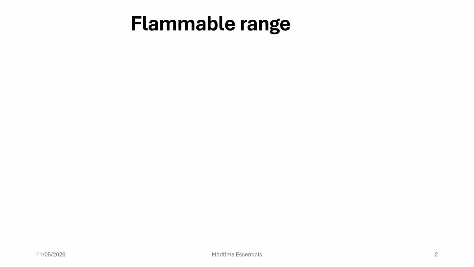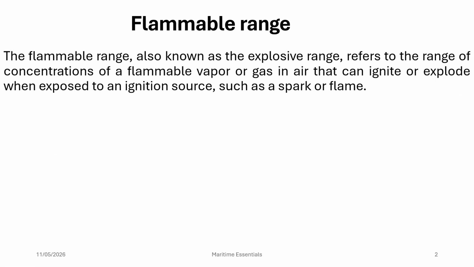What is the flammable range? The flammable range, also known as the explosive range, refers to the range of concentration of a flammable vapor or gas in air that can ignite or explode when exposed to an ignition source such as a spark or flame.